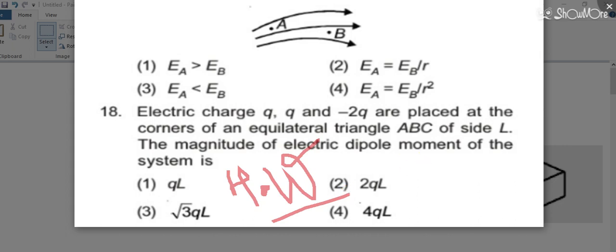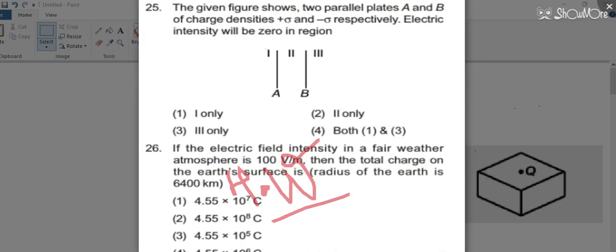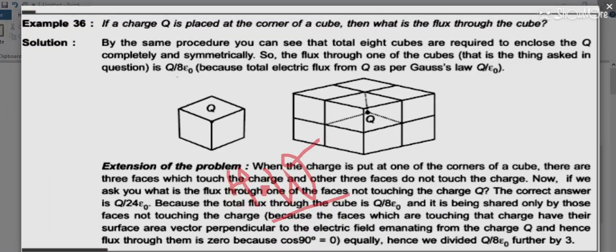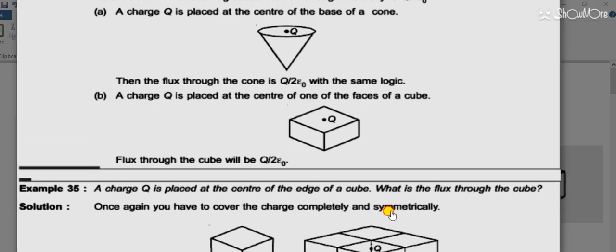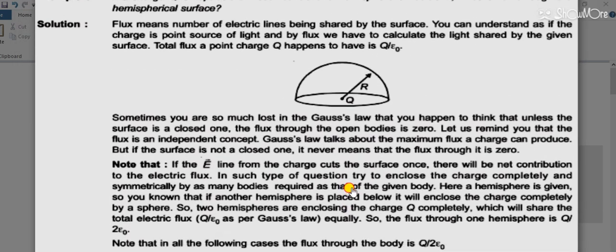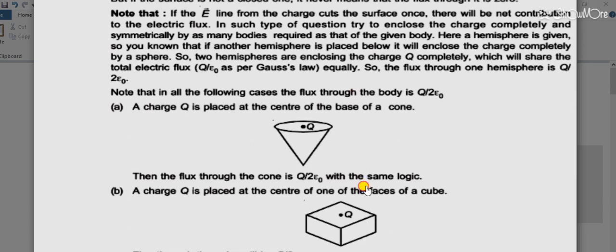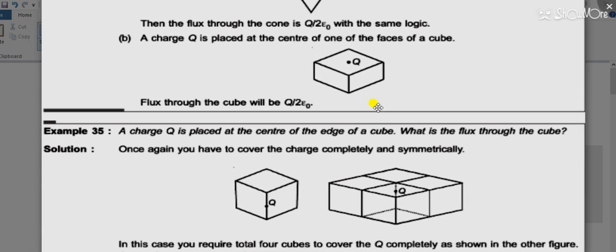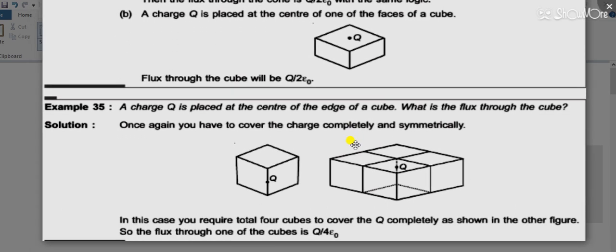And I hope if you pay attention to these questions, question number 34 and then 35, you can understand them, and you can clear the concept of faces also.